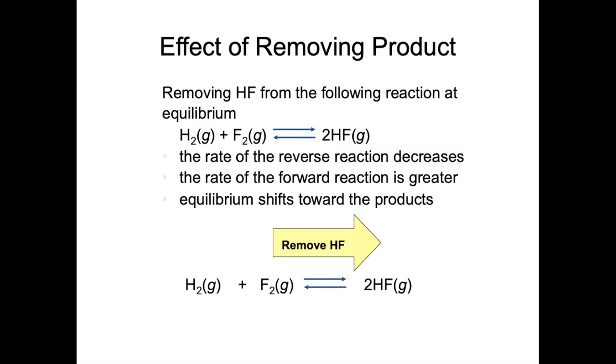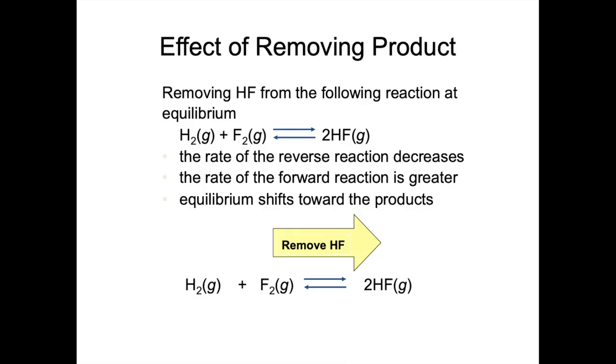And again, this is actually one of those things that we really take advantage of when we have a system in equilibrium and we want to make more of something. So, for example, let's say you're running a factory that mass produces a chemical, and you're reliant on an equilibrium to make this chemical. What you do is you run it as a flow process.